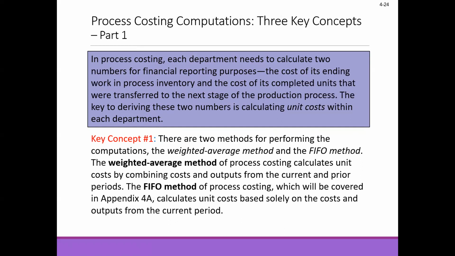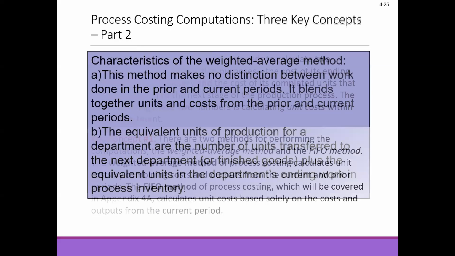There are two ways of doing this: the weighted average method and the FIFO method. The weighted average method calculates unit costs by combining the costs and outputs from the current and prior periods. If we go the FIFO route, we calculate the unit cost based solely on the costs and outputs from just the current period, not the previous period.